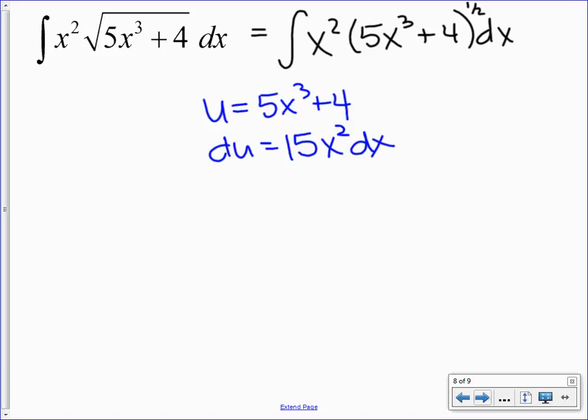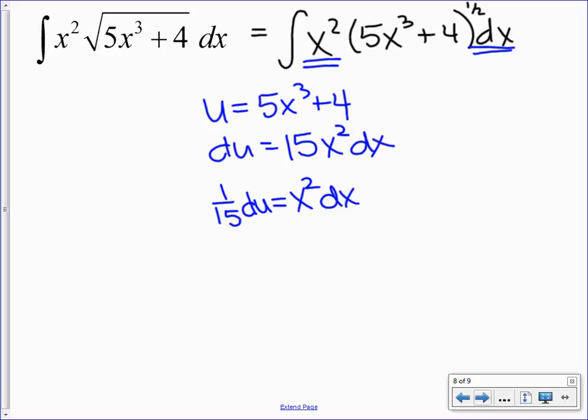The constant is not the same as in our integral. However, we have an x squared and a dx, so we can replace x squared dx with 1/15 du.